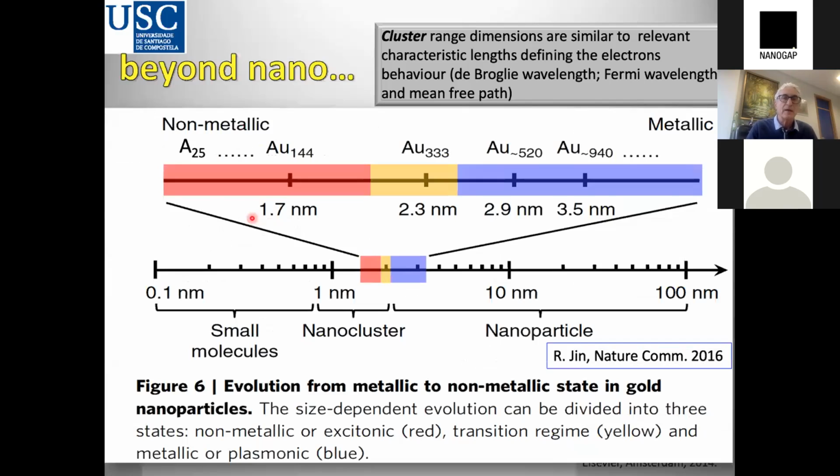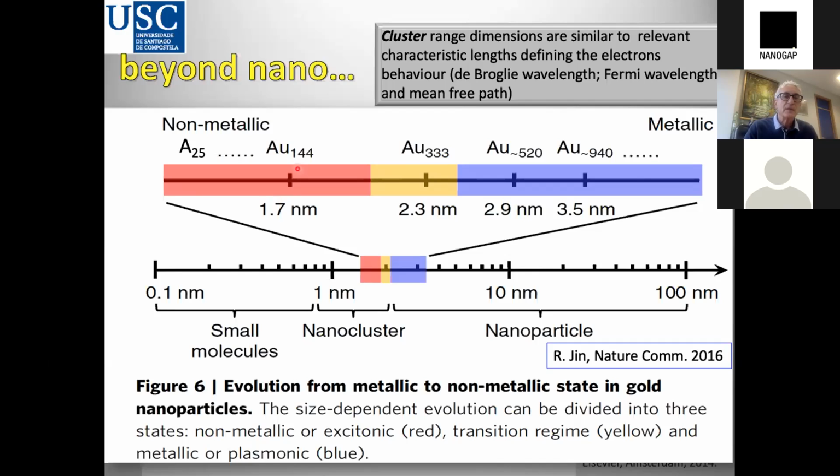And you can see here, for example, for a metallic nanoparticle, when you reduce the size, it follows the scaling behavior, but when you arrive at a size of around 2 nanometers, the metallic behavior disappears. And you enter into this area in which the number of atoms in the particle is below 150 atoms, or below approximately 1.5 nanometers.